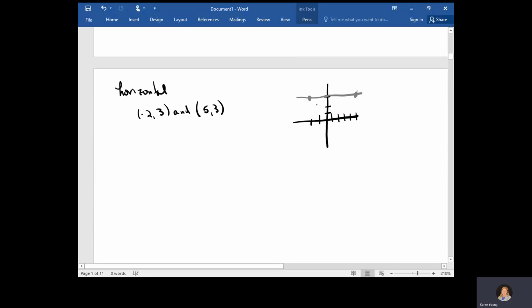We're crossing at 3, so the y's are all the same. So I do y2 minus y1 over x2 minus x1. I have 3 minus 3 over 5 minus a -2, which gives me 0 over 7, which would equal 0. So my y's are the same, and I'm going to get a 0 on top.